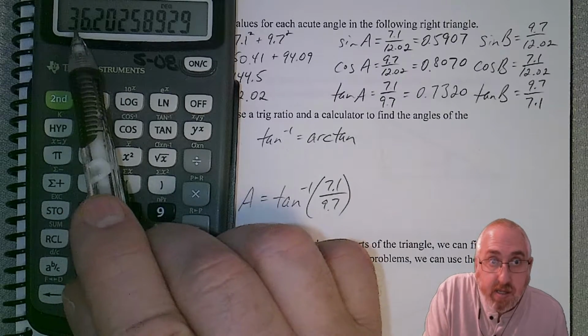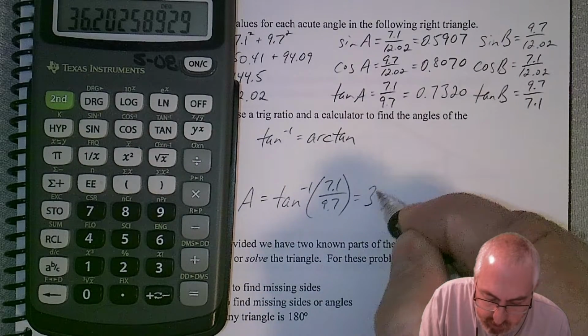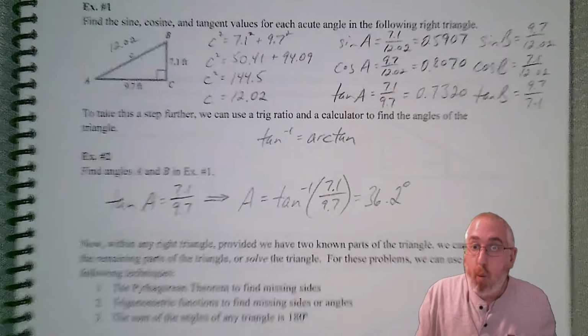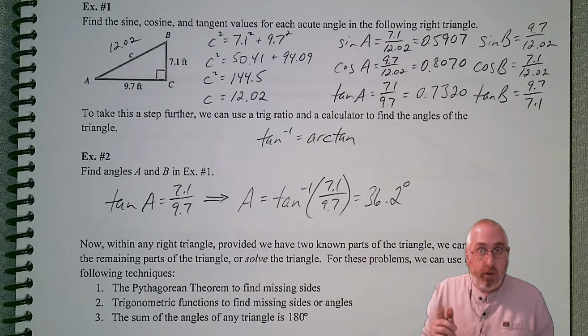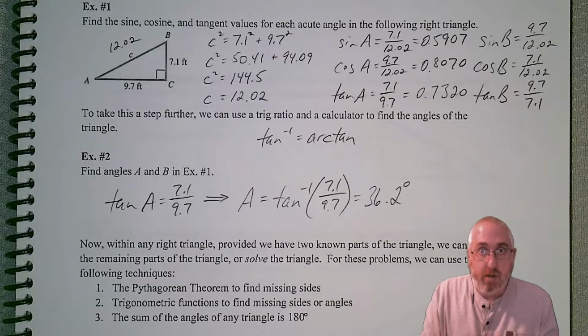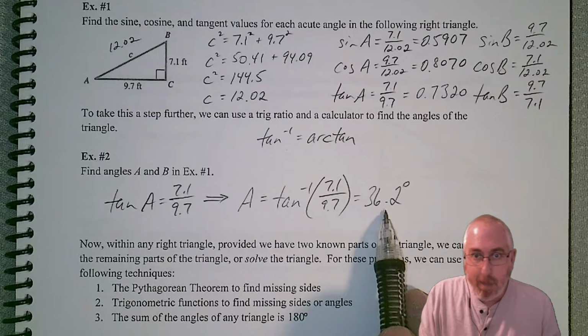So you can see 36.2. So this is going to be 36.2 degrees. Now, once you have one of your acute angles, you can get the other one pretty quickly, because remember, those two angles are going to be complementary. So we can easily subtract this from 90 to get B.